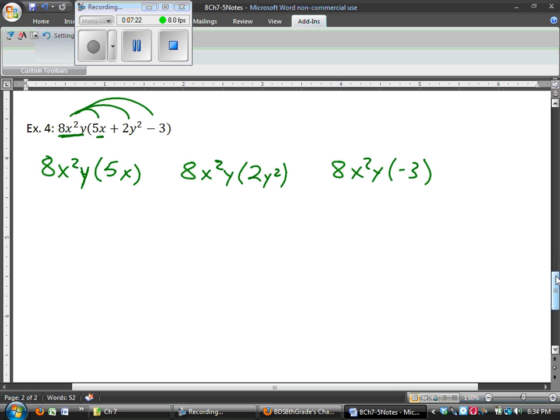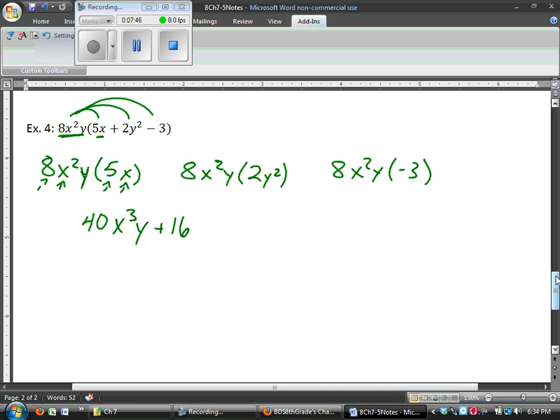Okay. Coefficients first. 8 times 5 is 40. X squared times x gives me x cubed, or x to the third. And then my y tags along. There's no other y to combine it with. Then in the next part, 8 times 2 gives me a positive 16.